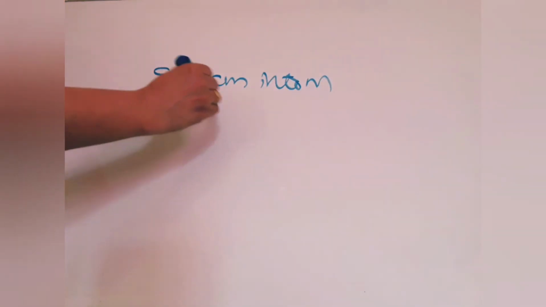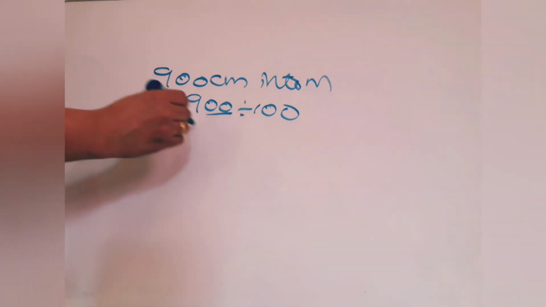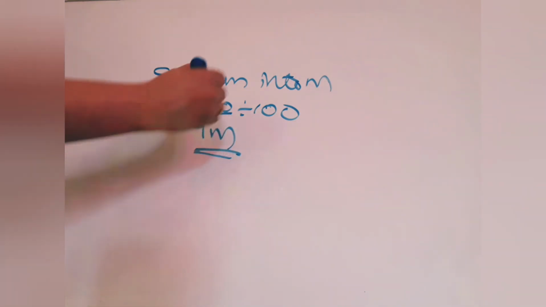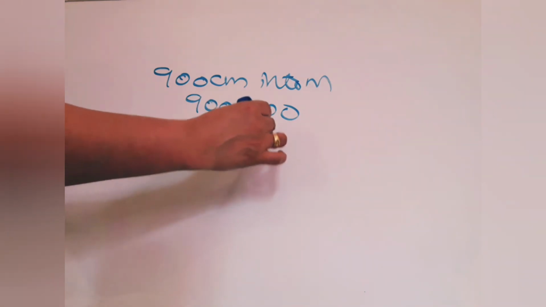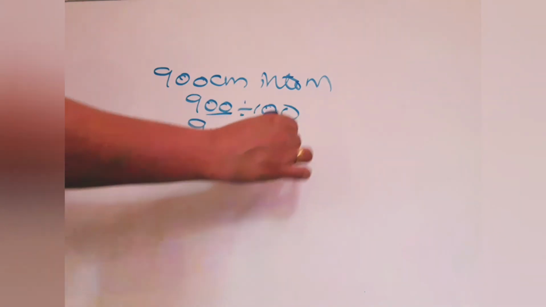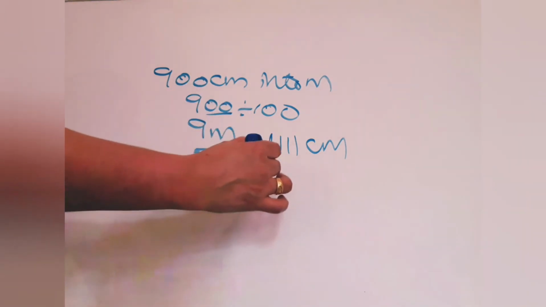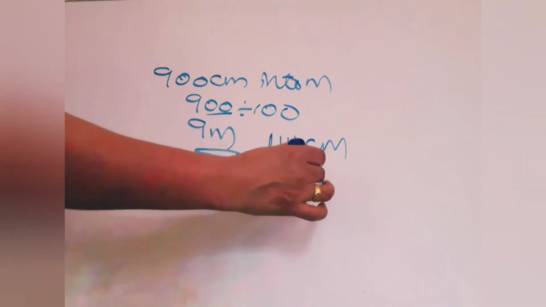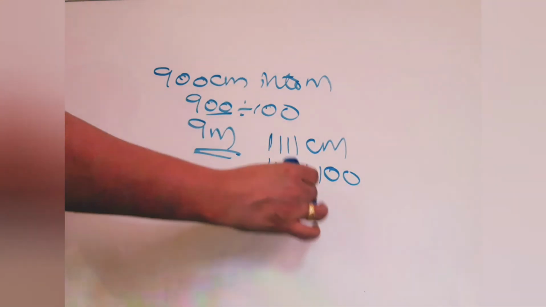So 900 divided by 100 is equal to, underline the last two zeros, answer is 9 meter. 0 centimeter you can avoid. Similarly, if you get 1111 centimeter, 1111 divided by 100 is equal to 11 meter 11 centimeter.